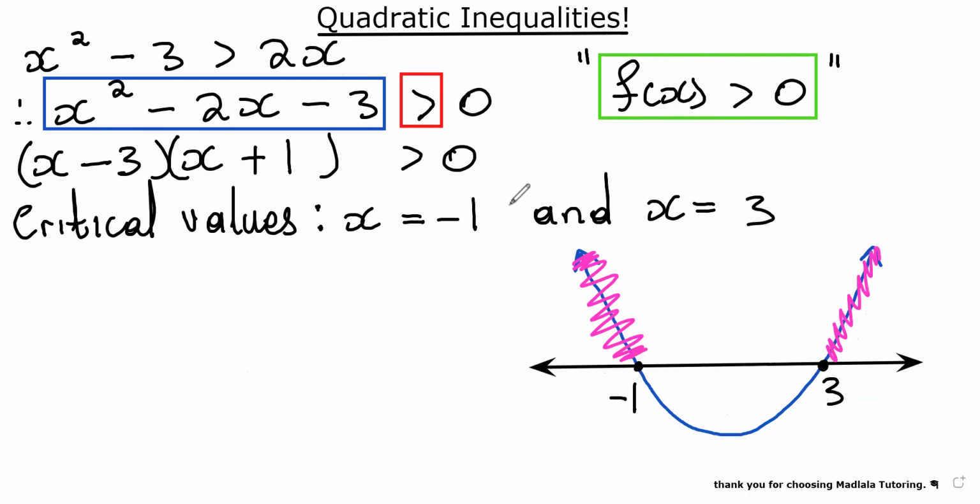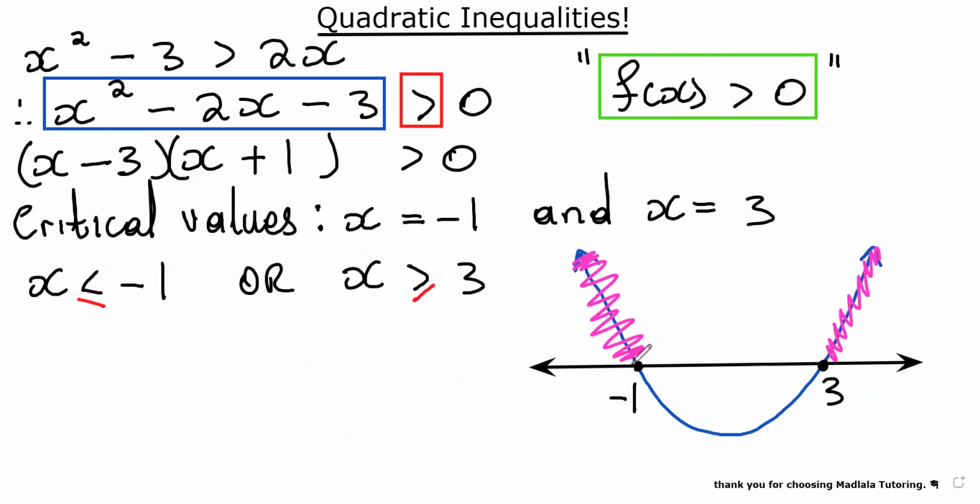So you say this function is above the x-axis for all the values of x that are less than negative 1, or for all the values of x that are greater than 3. And you don't include your negative 1 as well as your 3.